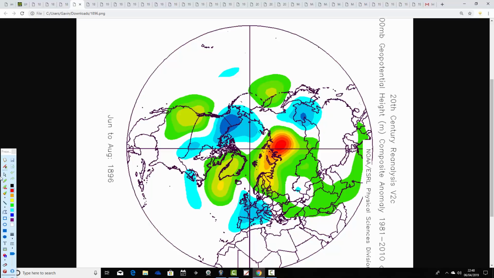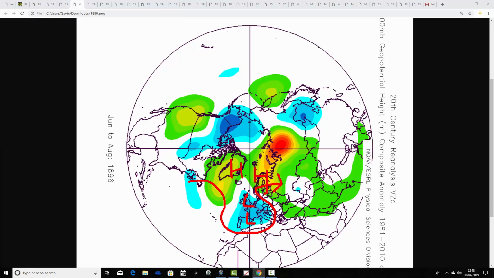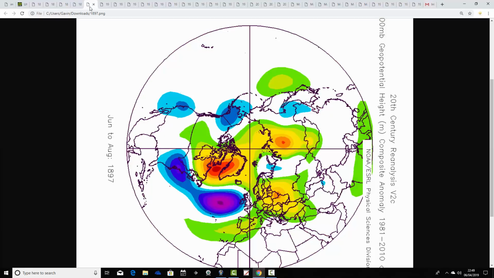Again, this one looks like a pretty poor summer as well, with below average heights over to the south of the country and a bit of a blocking signal up to the north. The jet stream within the trough in the 500 millibar flow is going to be going something like that. So it does look pretty poor, that summer as well.